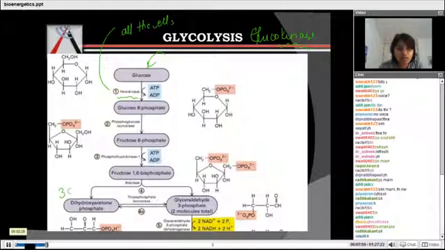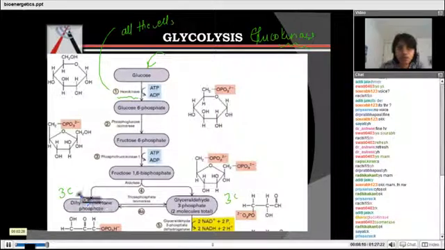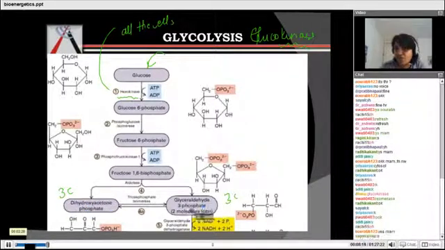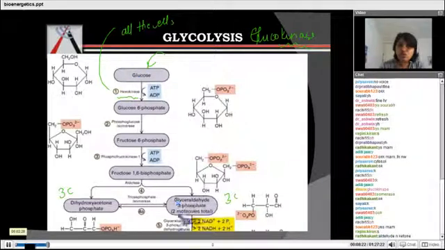So we get a 3-carbon sugar, that is dihydroxyacetone phosphate here, and a 3-carbon sugar, that is glyceraldehyde 3-phosphate here. Are you with me till now? Now this dihydroxyacetone phosphate and glyceraldehyde 3-phosphate are interchangeable. So you can say we get from glucose 2 molecules of glyceraldehyde 3-phosphate.